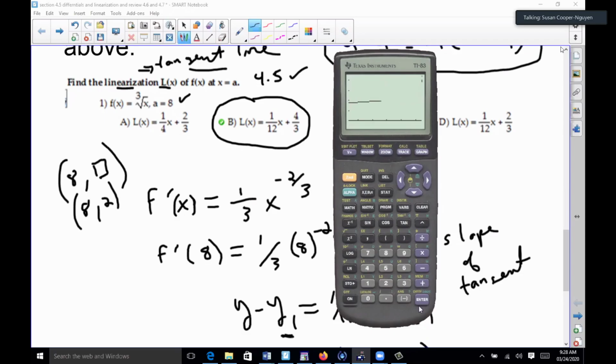Now I have a window that has me near 8, right? So if I hit trace, I know that if I draw the tangent line, it'll be virtually indistinguishable from the curve itself. So let's try it. Second draw tangent, at 8 itself.